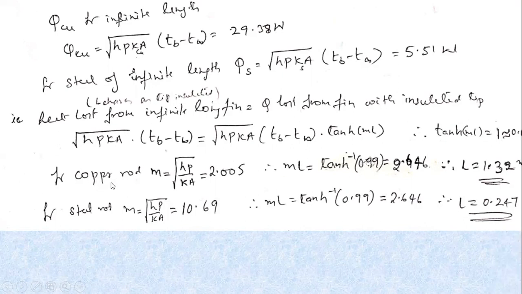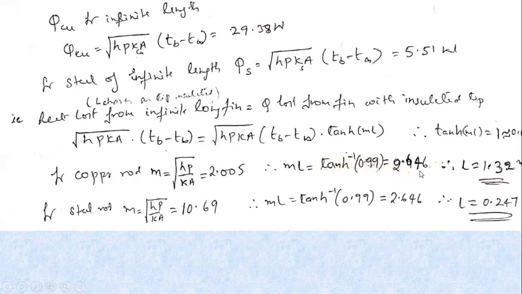So for the copper rod, what is the value? The m value varies for copper and the steel because of the difference in the conductivity k value. So m for the copper rod is 2.005, then mL should be equal to tan inverse hyperbolic 0.99.